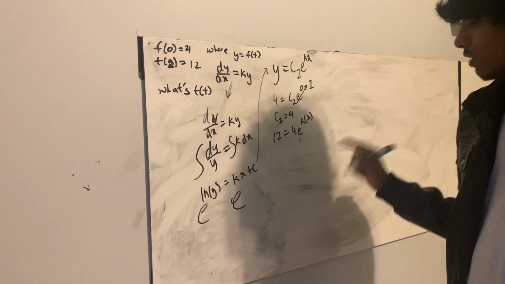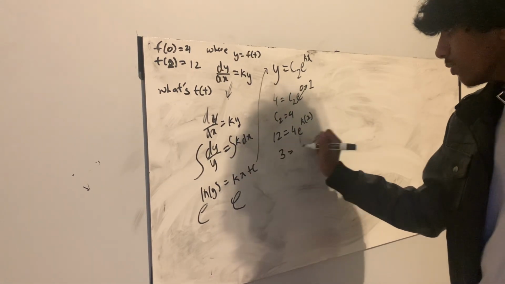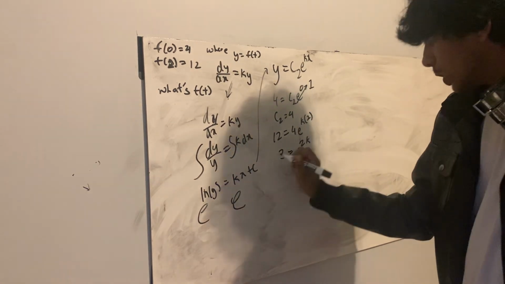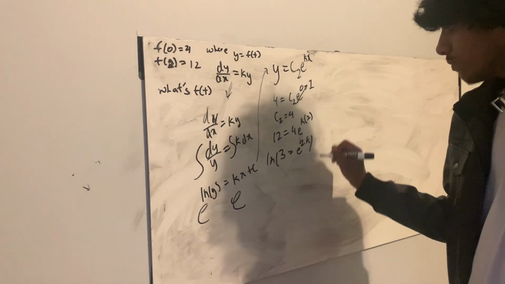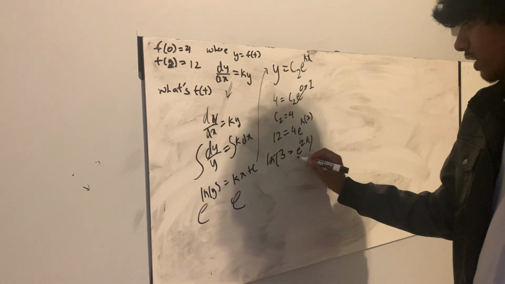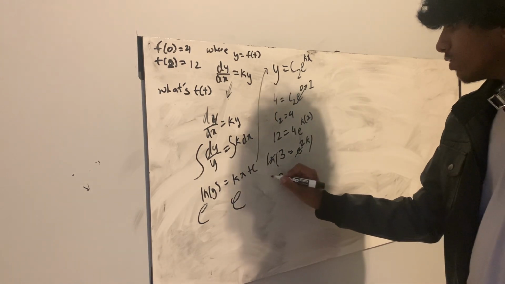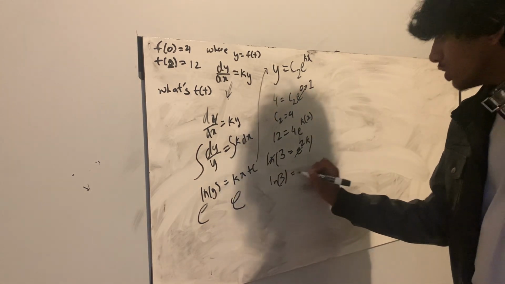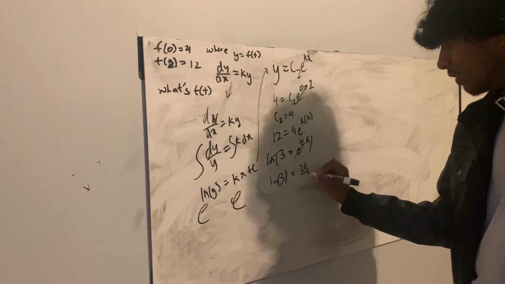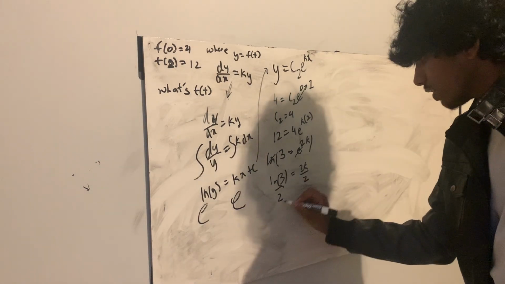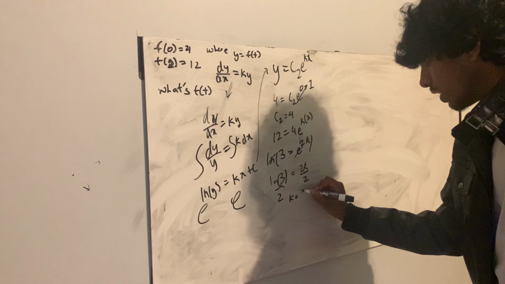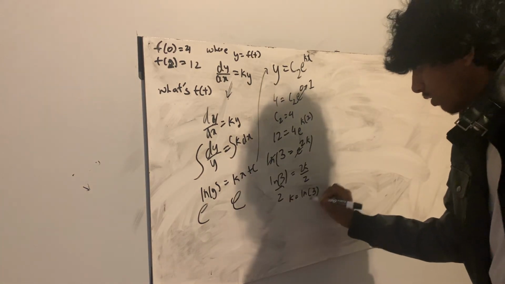So let's divide by 4 on both sides. We're going to get 3 equals e to the 2k. We're going to natural log both sides, so the e and the natural log cancel. We get natural log of 3 equal to 2k. Divide by 2 on both sides. k equals natural log of 3 over 2.